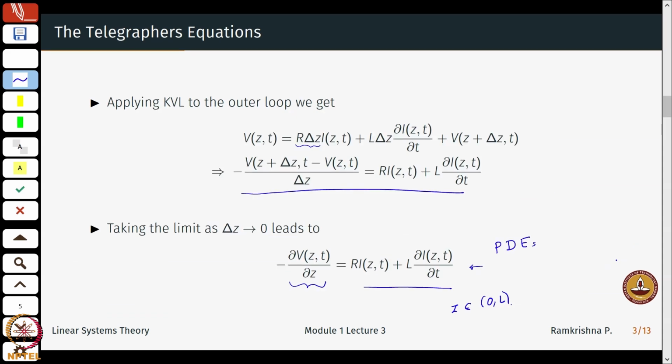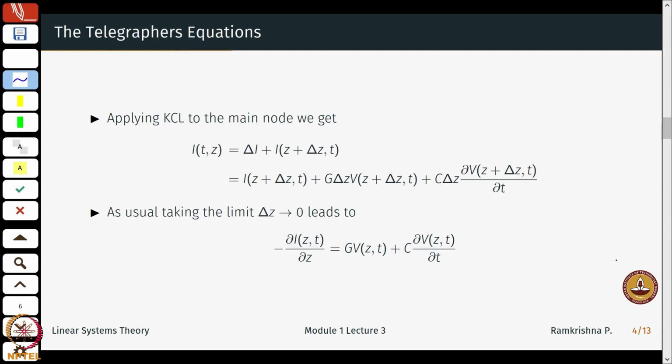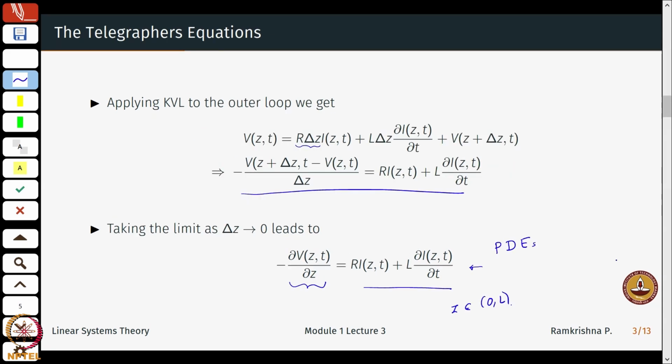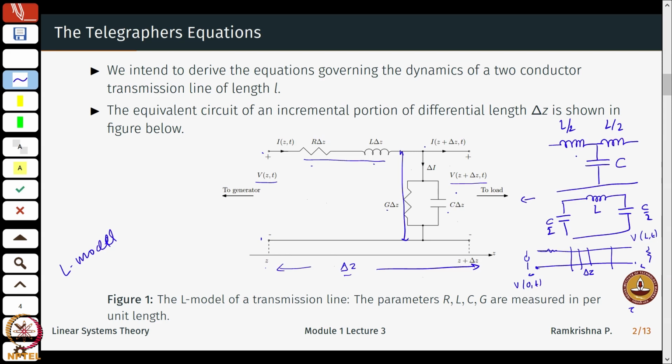Okay, so how do I write the second equation? If I apply KCL to this node here, I have I(z) coming from here, I have the delta I here, and I have I(z plus delta z), again all at the same time t. So, I just apply the current laws.